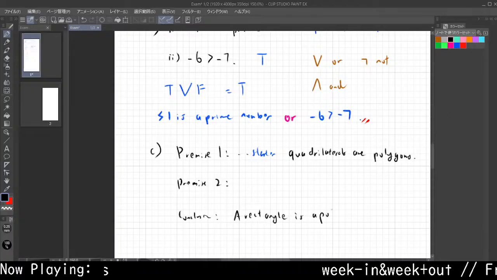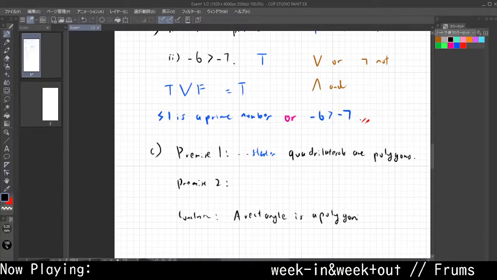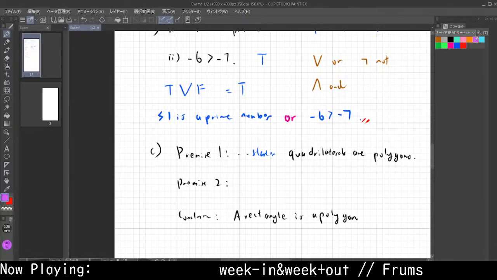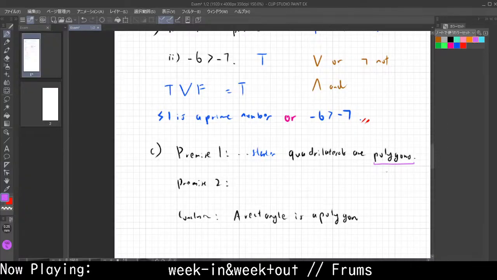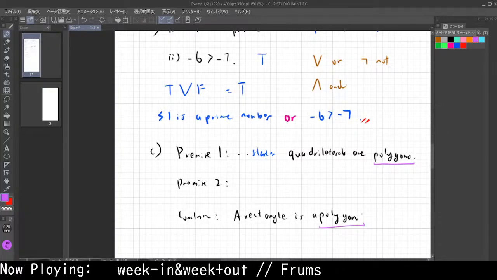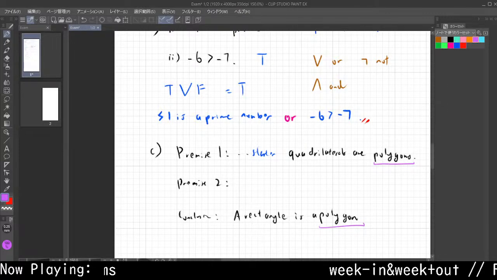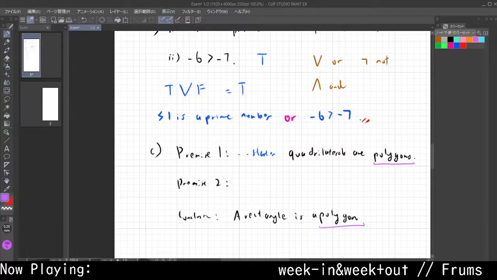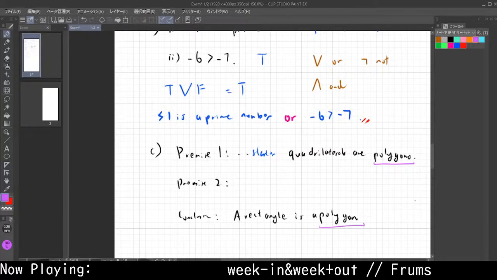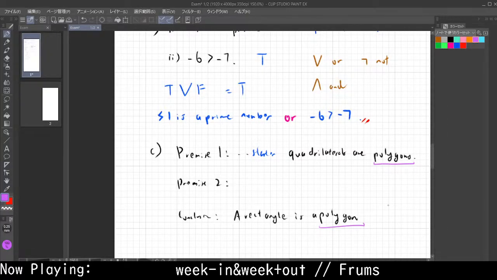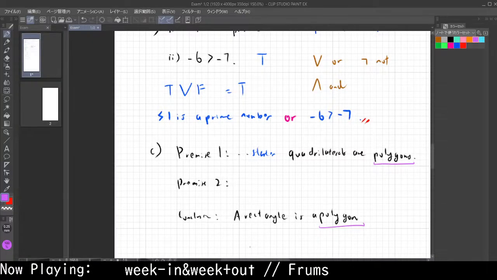So you see that something has concluded to be the back end part of my starter. So polygon is polygon. But your rectangle needs to be there. Your rectangle suddenly disappears. But since your rectangle is led to be believed to be a polygon, you want to bring it up in your premise 2.